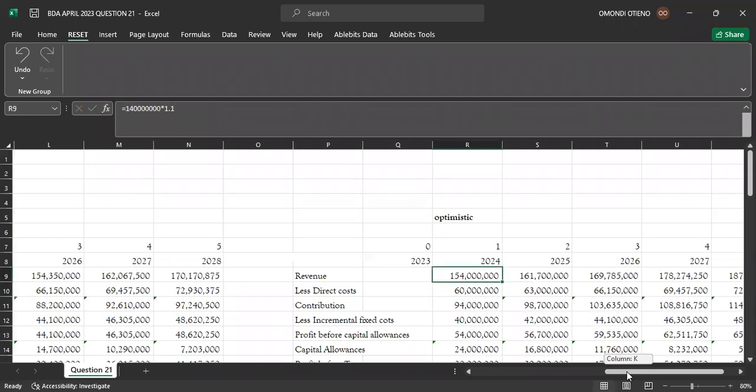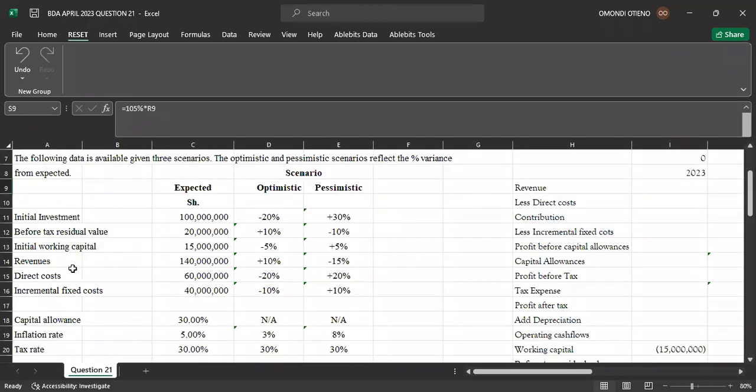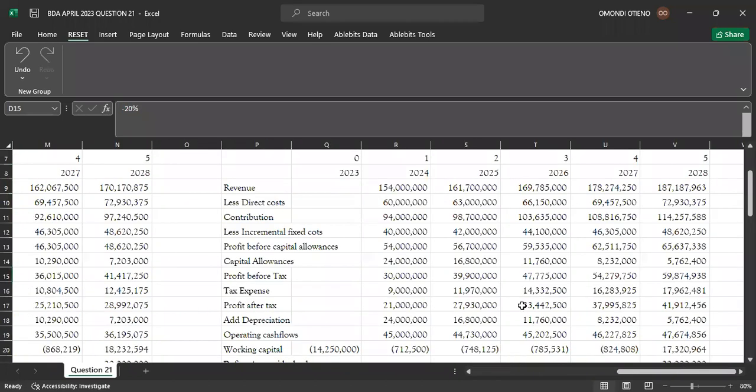So for 2024, here, 2025, the other one was increasing by 5%. We do not know the increase here. That one we are going to get from additional information. Direct costs in 2024 decreasing by 20%. Direct costs here is decreasing by 20%, so will be 80% of that.